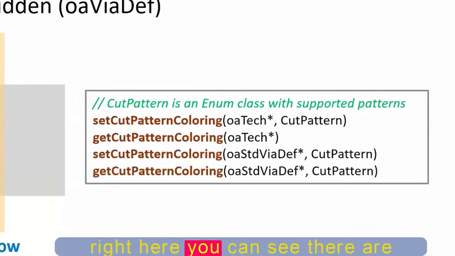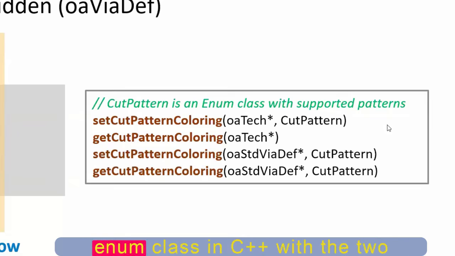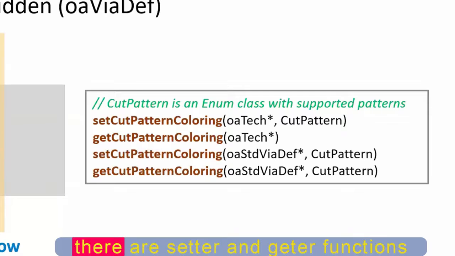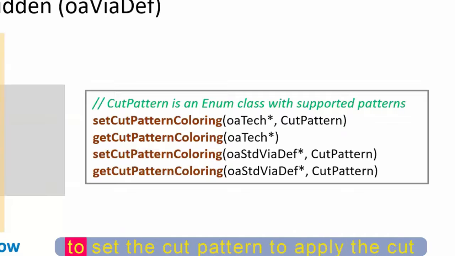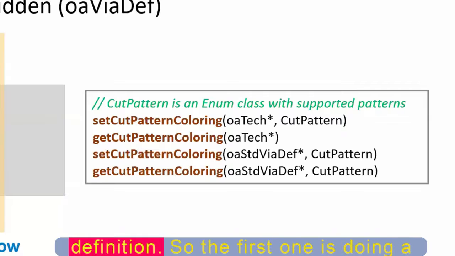On the right here, you can see the cut pattern is actually an enum class in C++ with the two supported patterns, and there are setter and getter functions to apply the cut pattern coloring either on the OA tech or the OA standard VR definition.